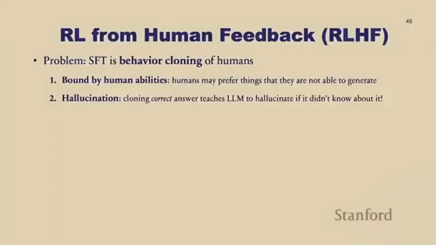Issue number 2, which I find pretty interesting, is that if you ever heard of the word hallucination, this is LLMs generating false information. These people have hypothesized that hallucination can come from the supervised fine-tuning, even if you do supervised fine-tuning on data that is correct.